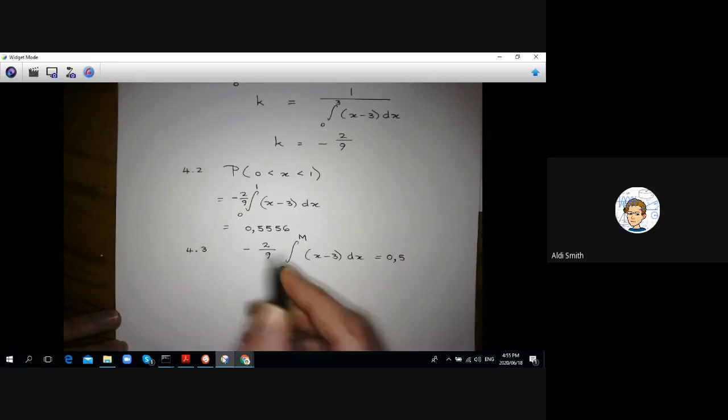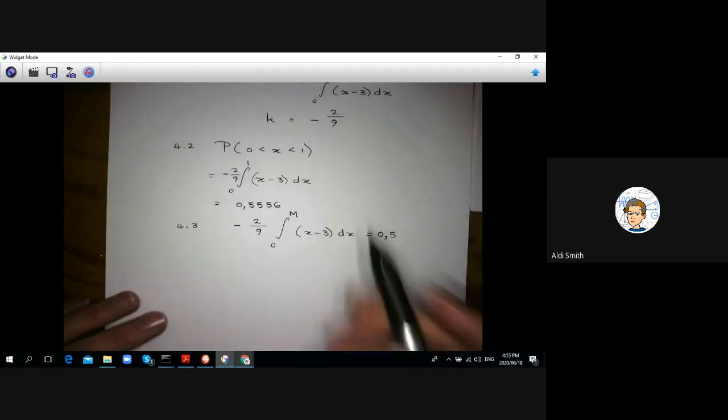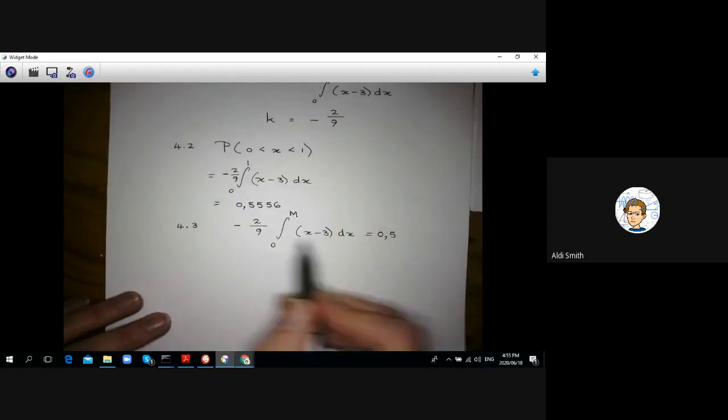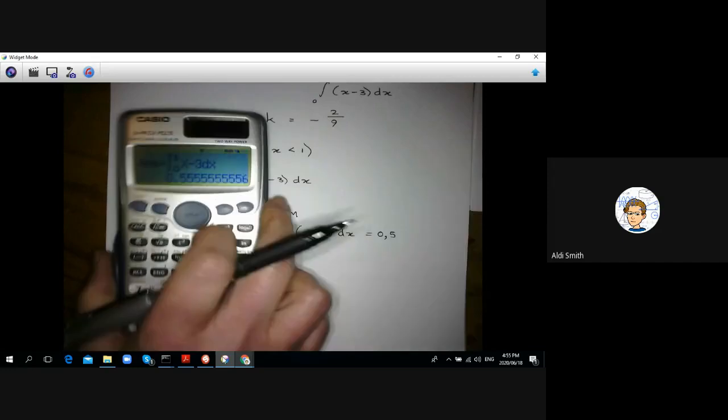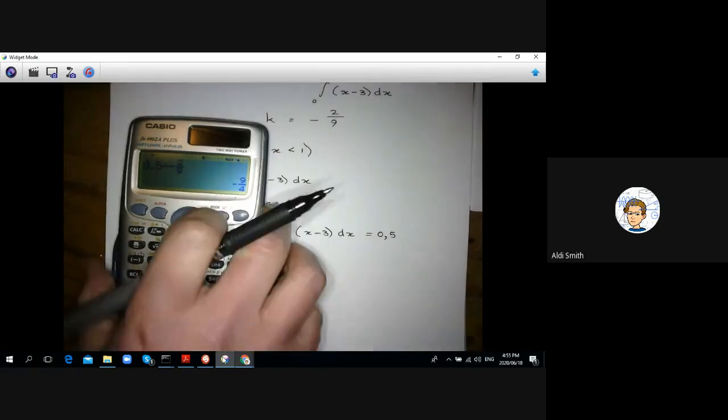By the way, if you did leave that -2/9 inside there, that's 100% fine, but taking it out actually makes it easier, because I can then divide the 0.5 by the -2/9. So I can do this, and then I can say this is -9/4.